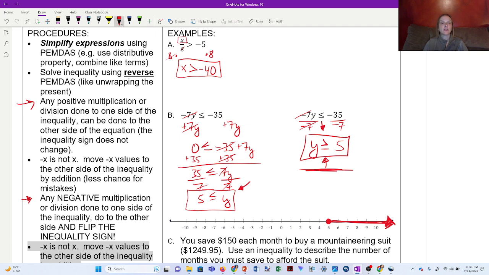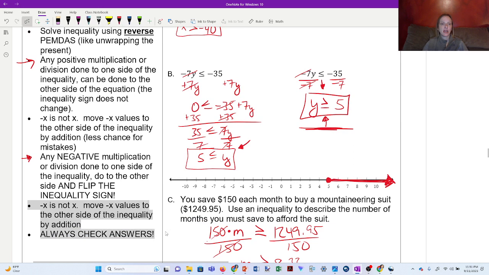But that's something students often forget to do, and therefore my recommendation is to move any negative x values to the other side of the inequality using addition, like we did in this version. We added 7y to both sides of the equation so that we would end up with 7y on the right-hand side. I hope this helped.